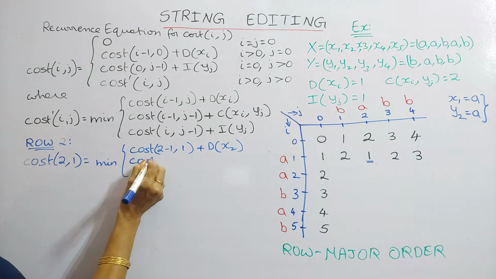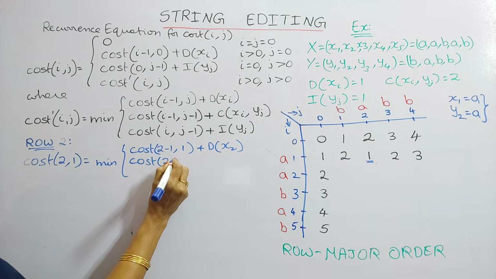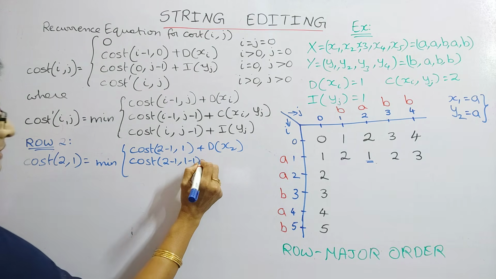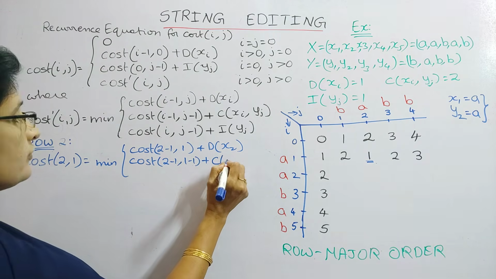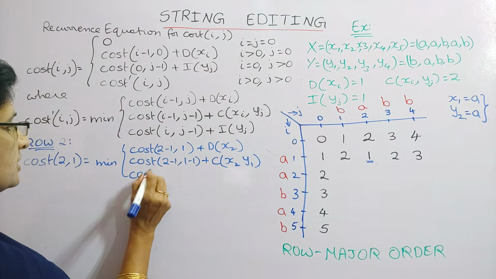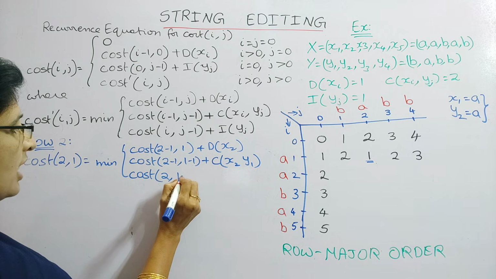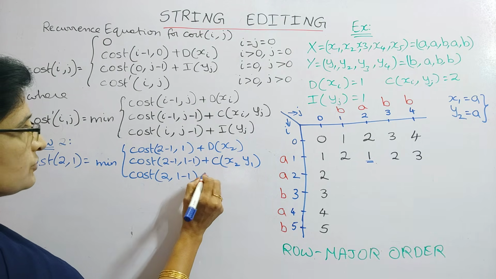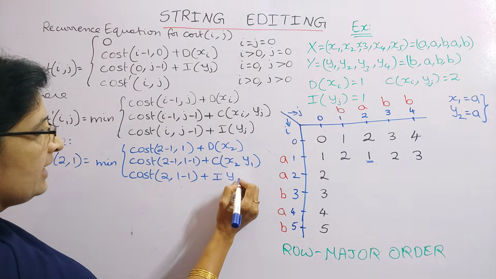Similarly, cost of 2 minus 1, 1 minus 1 plus c of x2 y1. Similarly, the third one is cost of 2, 1 minus 1 plus i of y1.